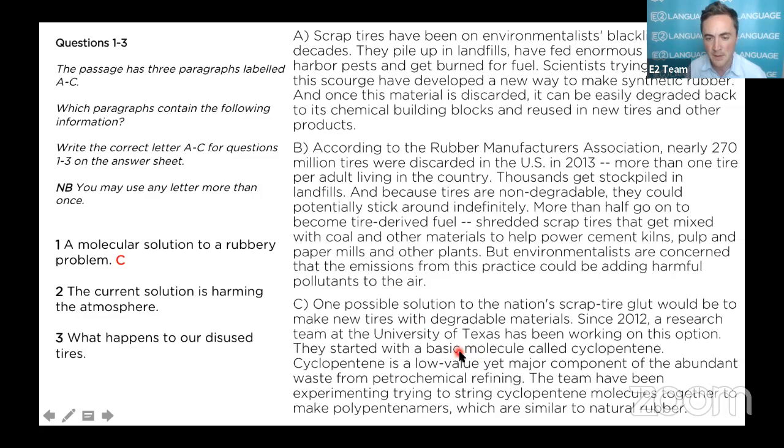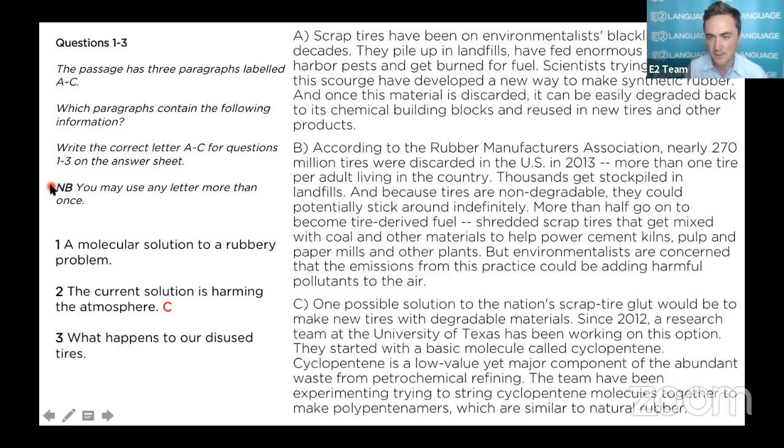Here we go. Molecule, molecular, molecule. Cool. Anything about rubber? Yes, something about rubber here. Okay, good. So yes, a molecular solution to a rubbery problem. Yes, C. Excellent. Let's do 2.